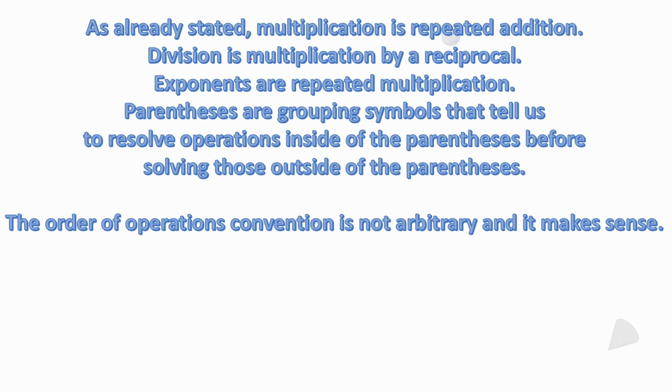If you do, then you would do those operations first. Then you move on to your addition and subtraction. So it's pretty simple. Basically, I want to say too, the order of operations convention is not arbitrary and it makes sense. So hopefully this description's been helpful and you can use this on some other problems.